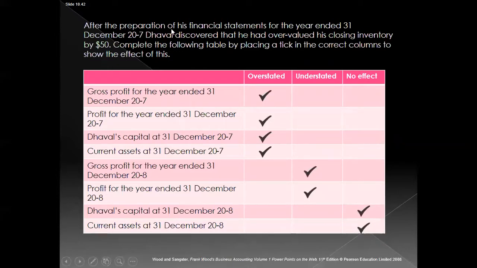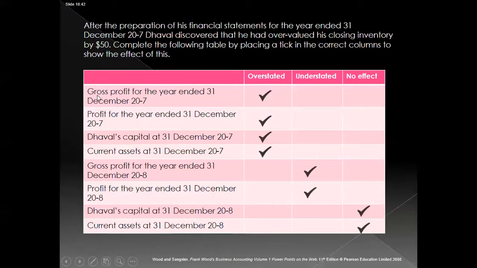So let's see what happened. After the preparation of his financial statements for the year ended 31st December 20-7, Dawal discovered that he had overvalued his closing inventory by $50. Complete the following table by placing a tick in the correct columns to show the effect of this. I have done it for you.